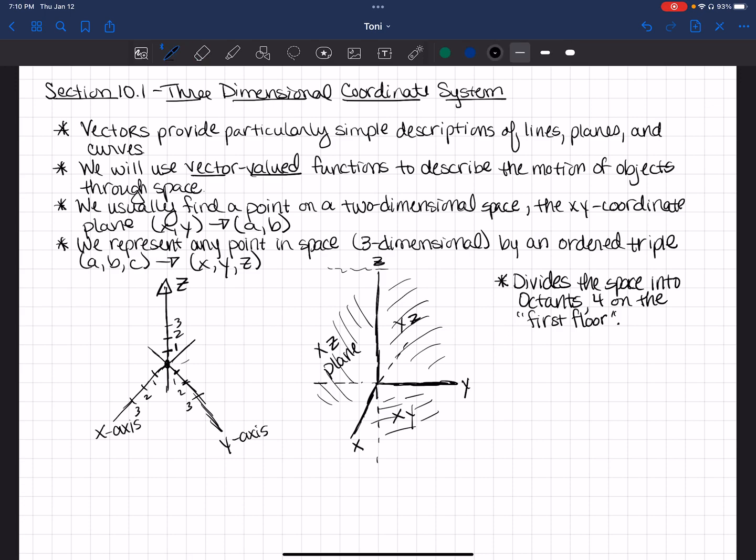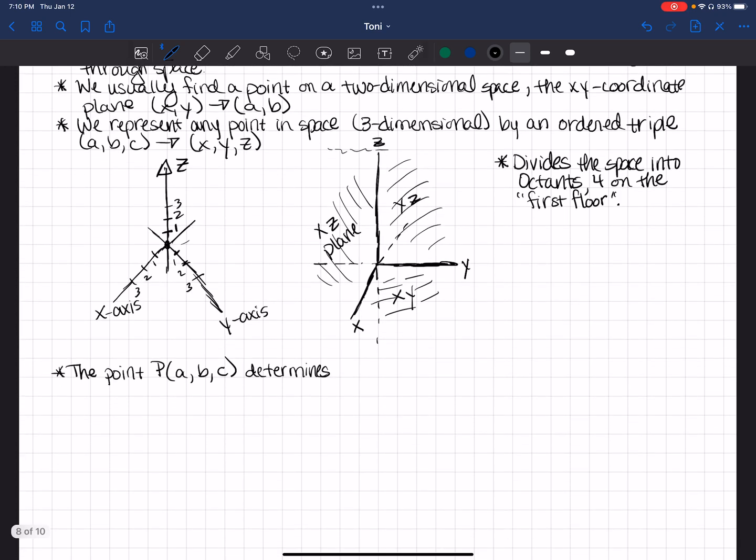It's about a point. Okay, so they're going to give you a point, such as the point P of A, B, C determines a rectangular box. Okay?